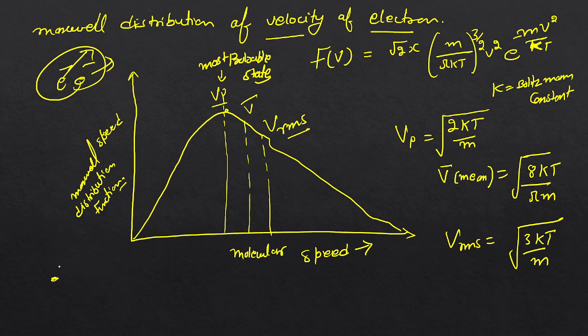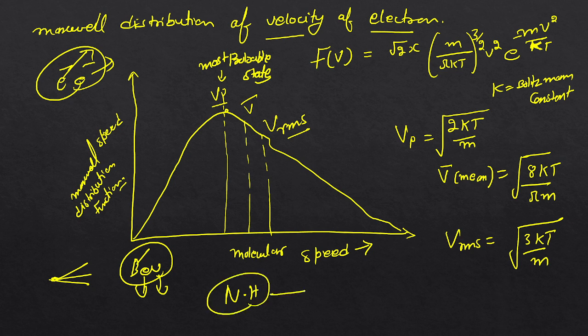So because of the Maxwell distribution of velocity of the electron, we came to say that yes, the electron is changing its velocity because of the non-homogeneous magnetic field. You have studied that BeV, where e is the charge, V is the velocity and B is the magnetic field. So through this formula you can easily calculate the deviation. Understand one thing: the magnetic field that we are using is non-homogeneous, which means at different points the magnetic field intensity will be different.